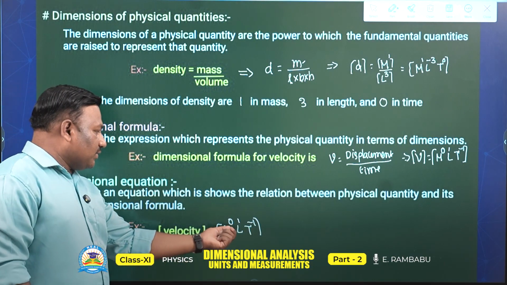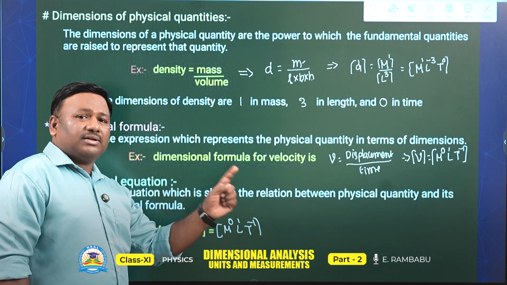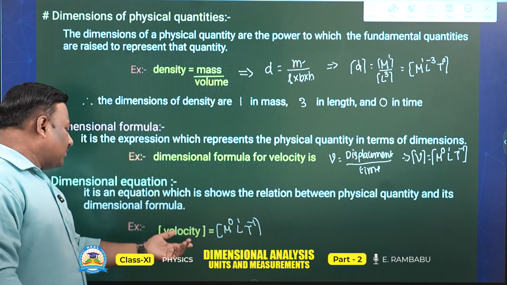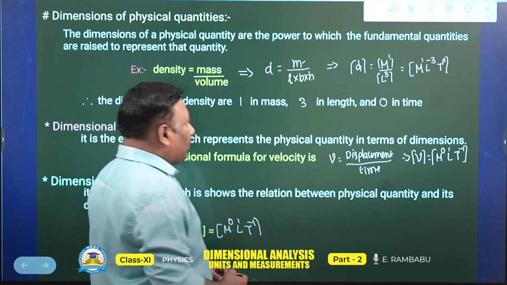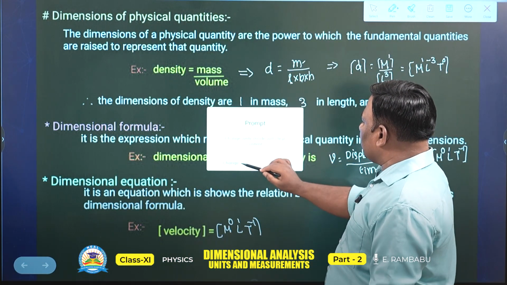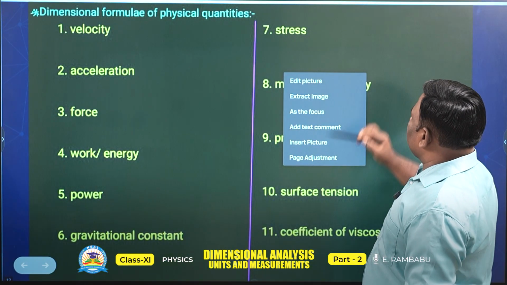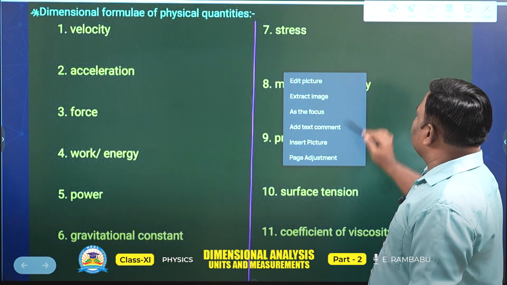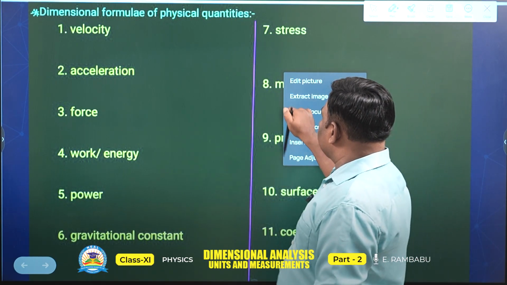For velocity I am using length one time in the numerator, and time is used one time in the denominator. So these are the dimensions of velocity. Now we are going to write the dimensions of some important physical quantities. Generally, we are using these important physical quantities.